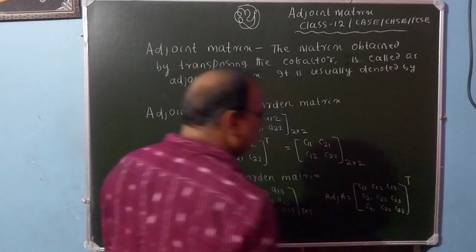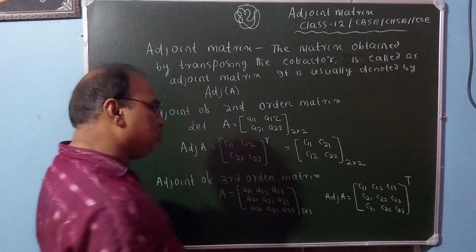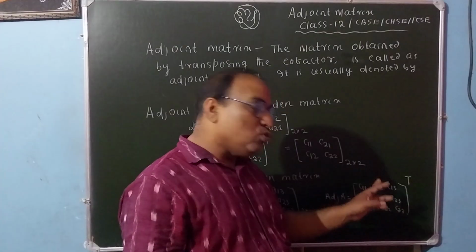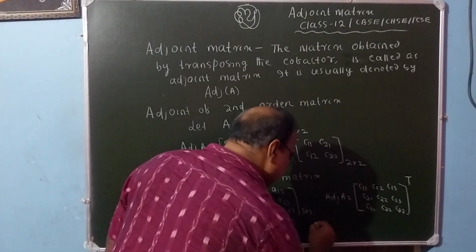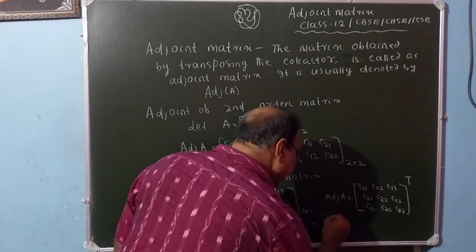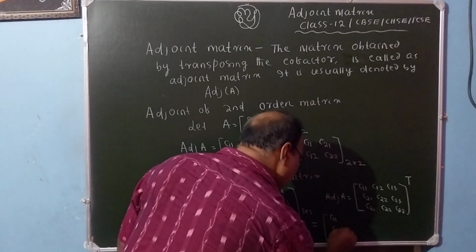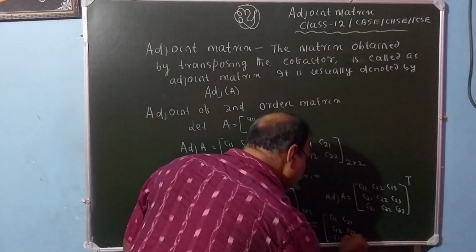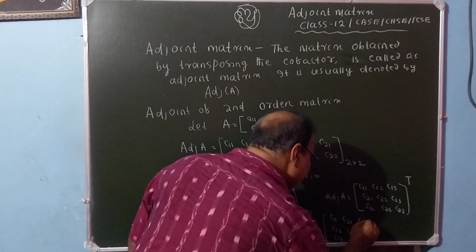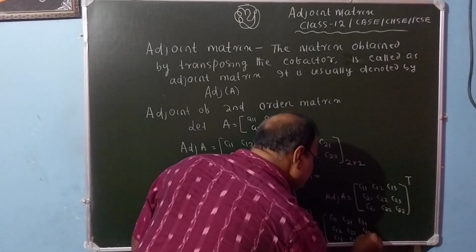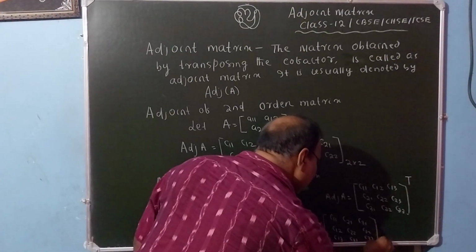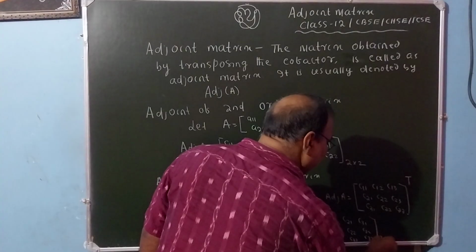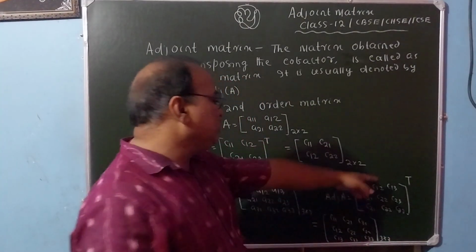Transpose means rows are changed into columns and columns into rows correspondingly. So this is the adjoint of a third order matrix, obtained by transposing the cofactors.